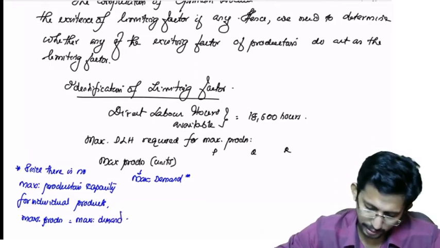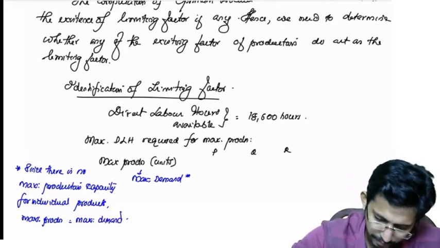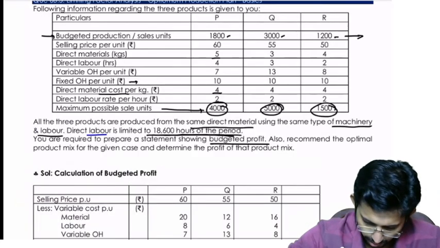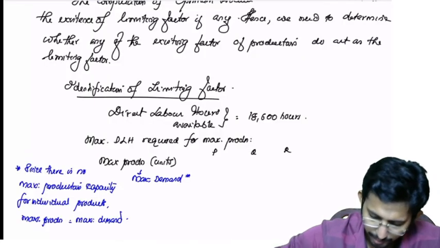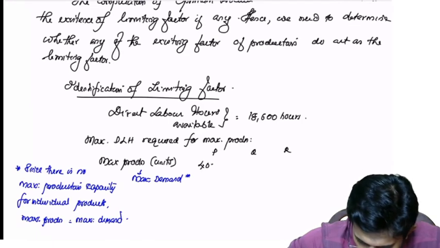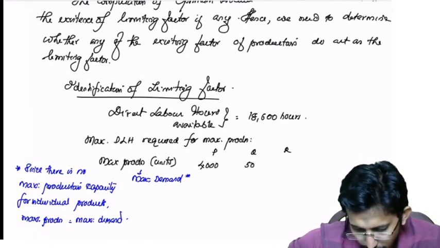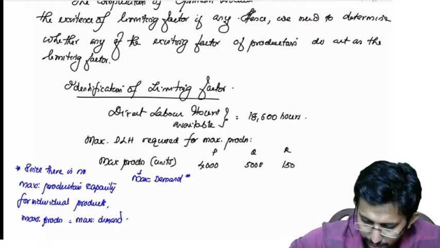Okay, and what is this maximum production? 4,000, 5,000, 1,500.